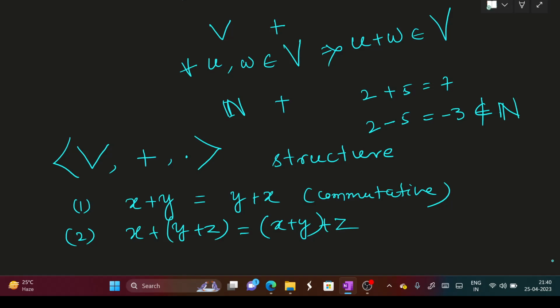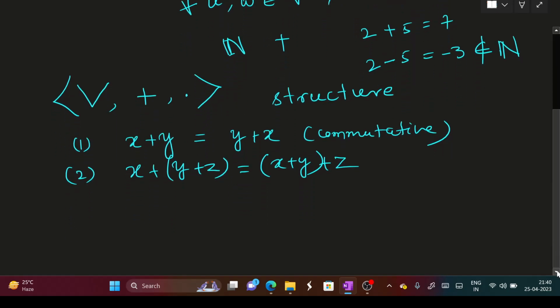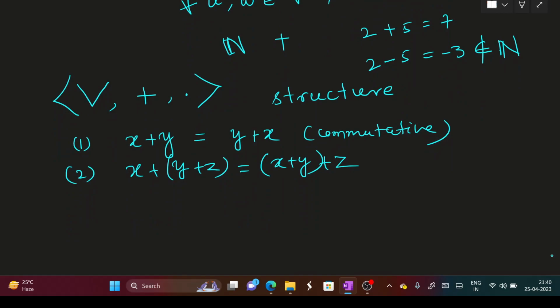Third, additive identity exists. There exists an element 0 belonging to V such that for all x belonging to V, x plus 0 is equal to 0 plus x is equal to x. This 0 is said to be the additive identity. The zero vector is the additive identity of any set V.